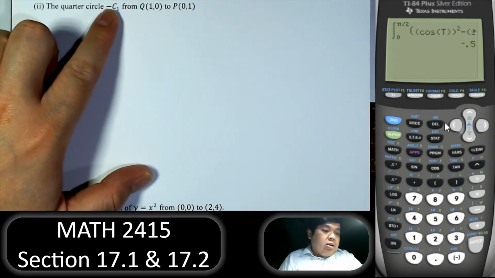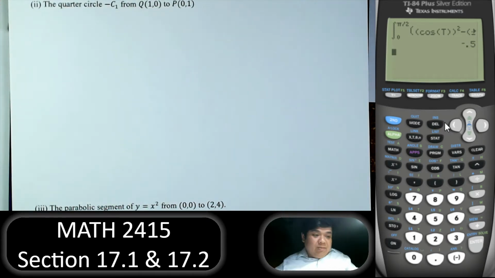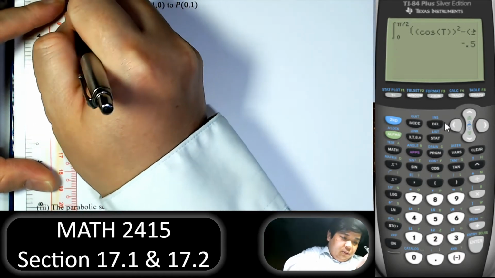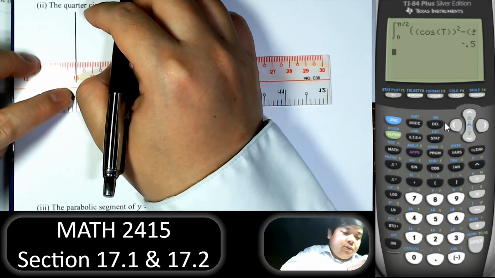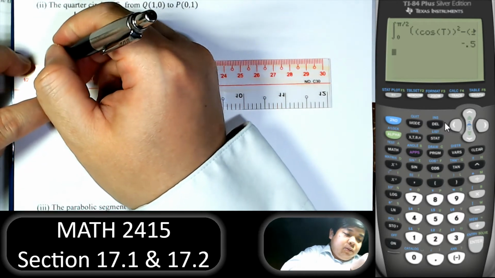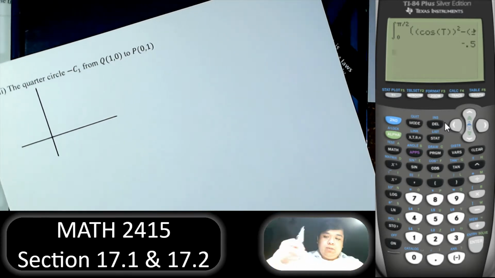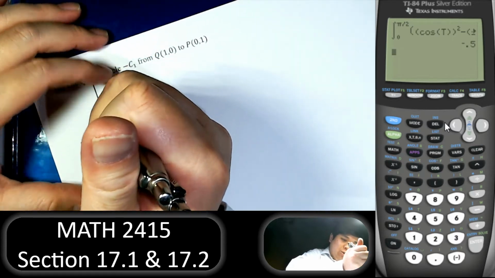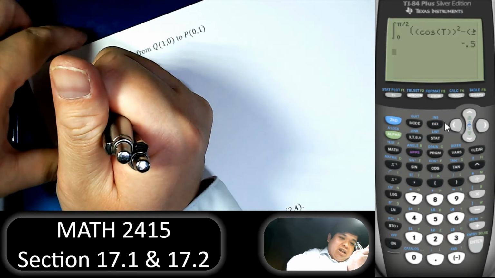Now this quarter circle goes from 1, 0 to 0, 1, so this is standard. I think I showed you how to do this before. Keep your hand steady.